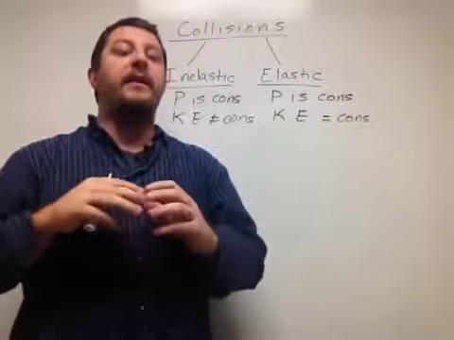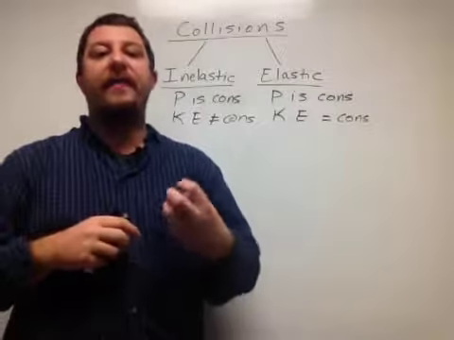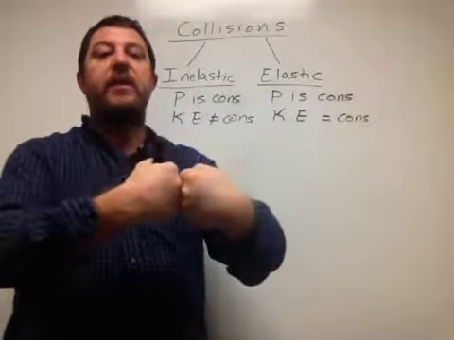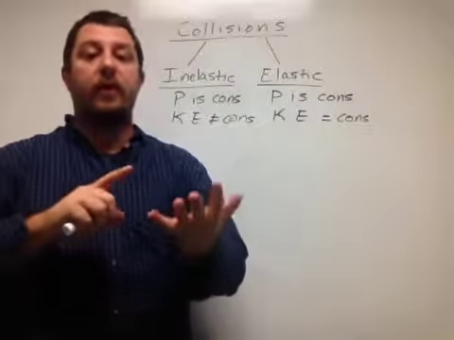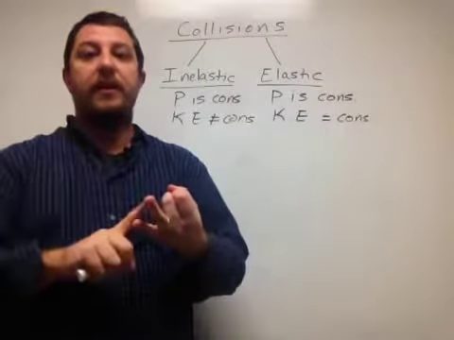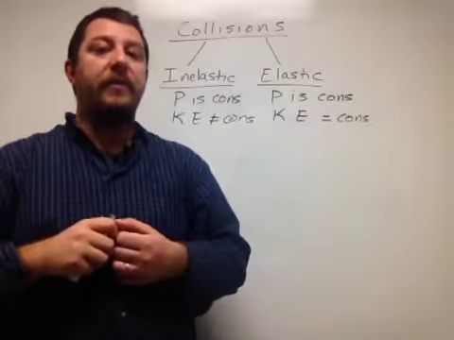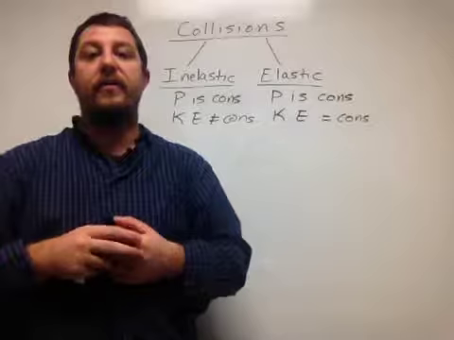Now, in the macroscopic realm, you never have a truly elastic collision. Anytime objects bounce off of each other at the macroscopic level, you're always going to get some sound, you're going to generate some heat, and some of the mechanical energy may or may not be turned into internal energy thermodynamically.